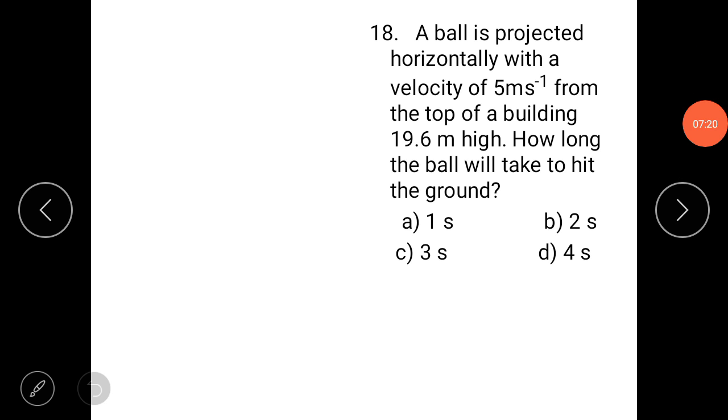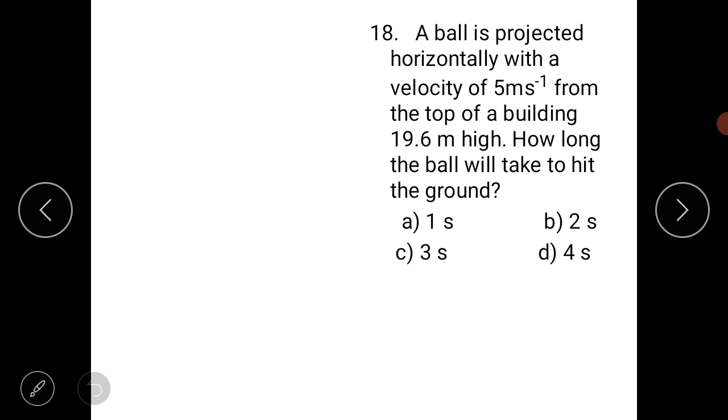A ball is projected horizontally with a velocity 5 meter per second from the top of a building 19.6 meter high. How long will the ball take to hit the ground?